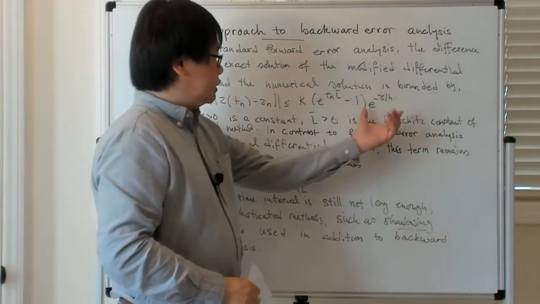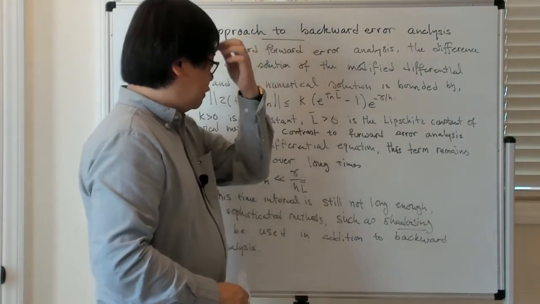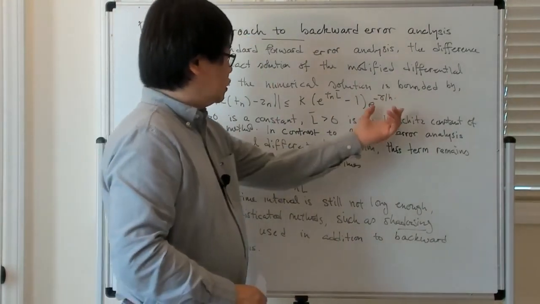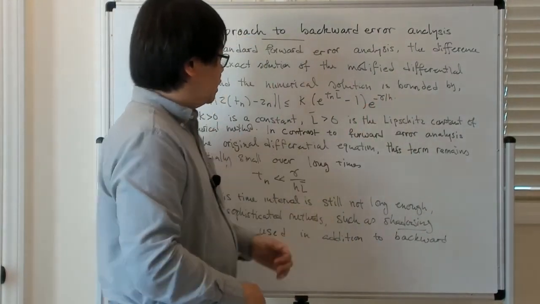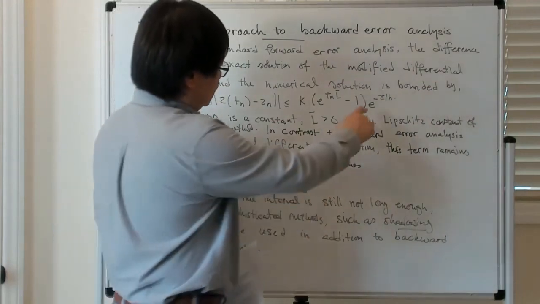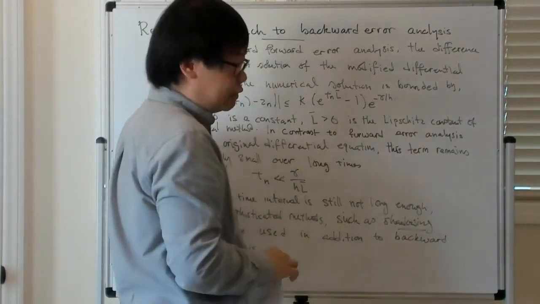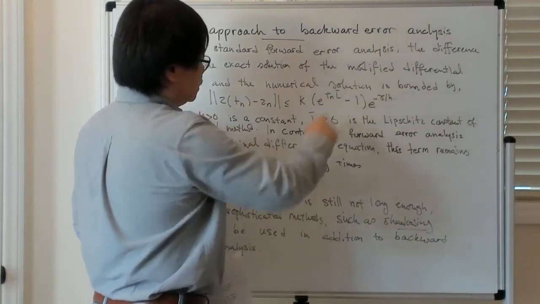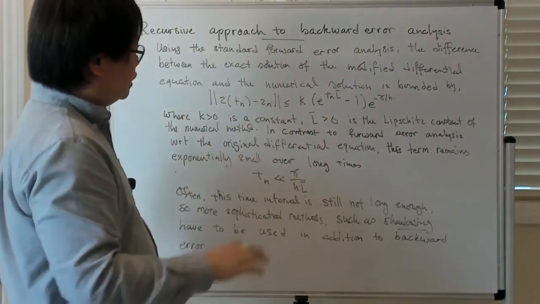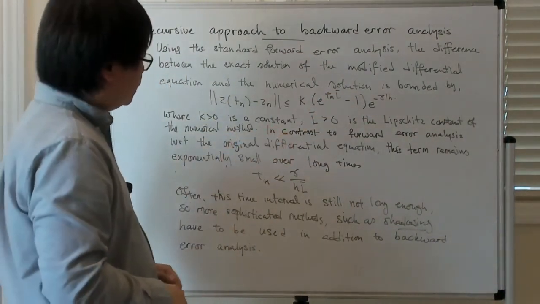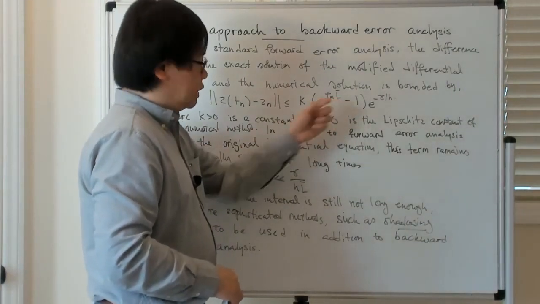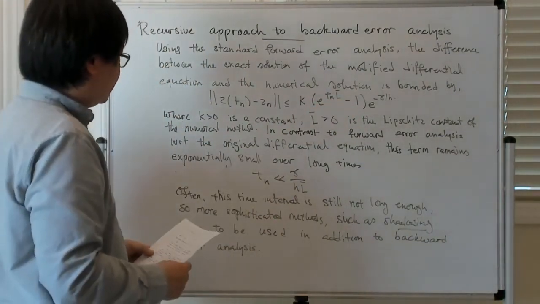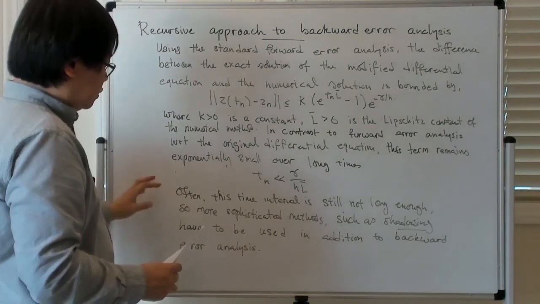And if you recall, this has to do with the fact that you have a term which depends on the local error, and then there's this exponentially increasing constant, which depends on the length of the time interval which you're integrating over. All right, so let me just stop here.